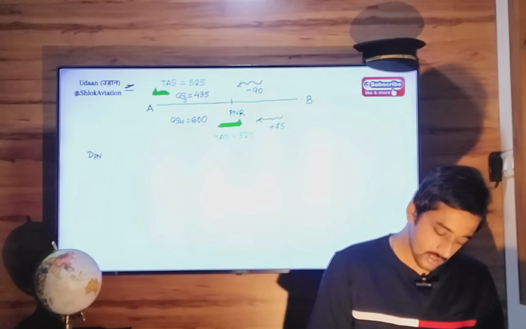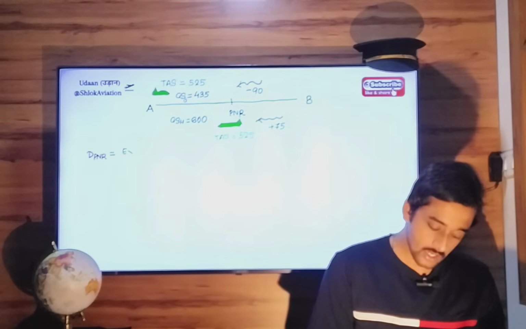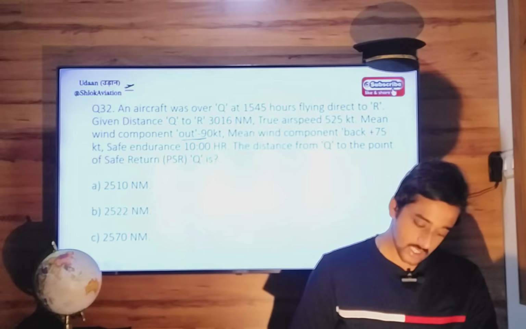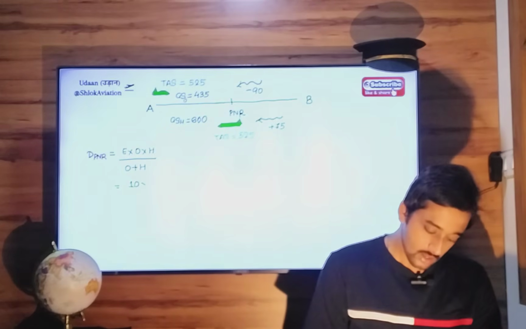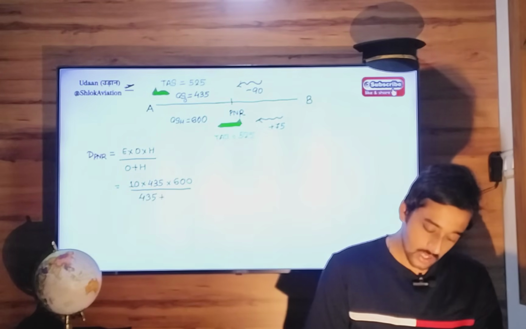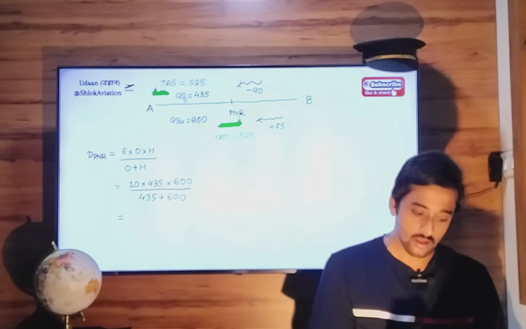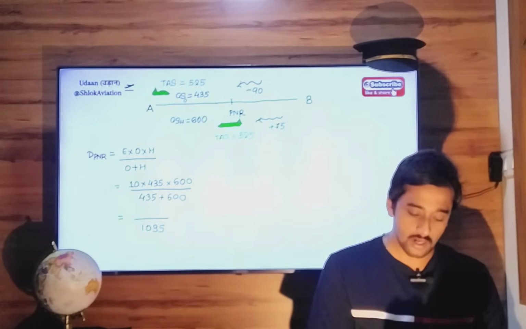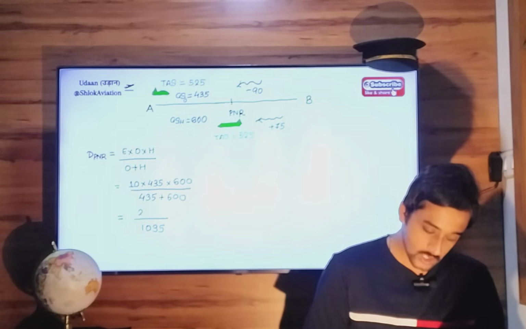Distance to PNR equals endurance into outbound into homebound divided by outbound plus homebound. So endurance is 10 hours into 435 into 600 divided by 435 plus 600. 600 plus 435 is 1035. 10 multiplied by 435 into 600 is 2610.